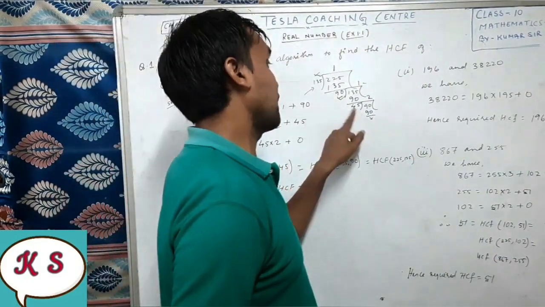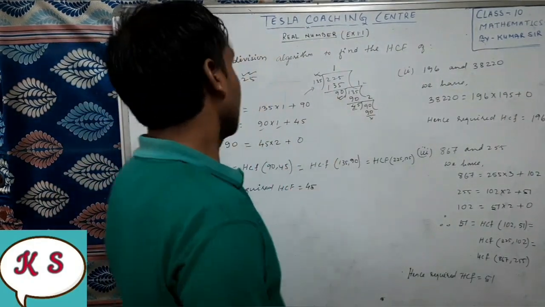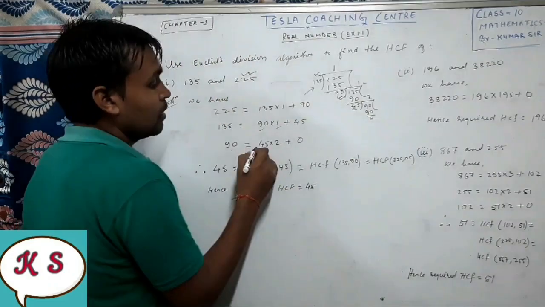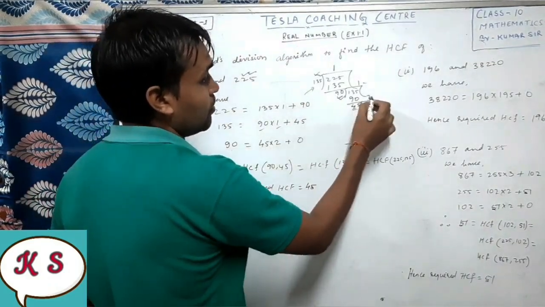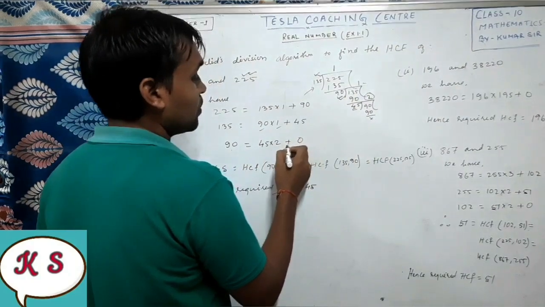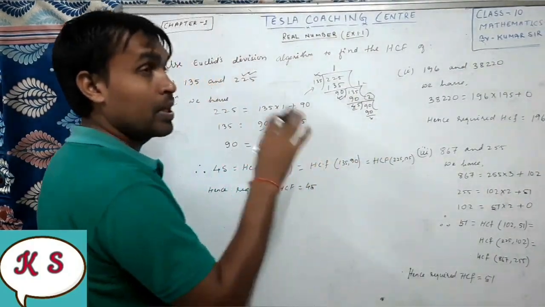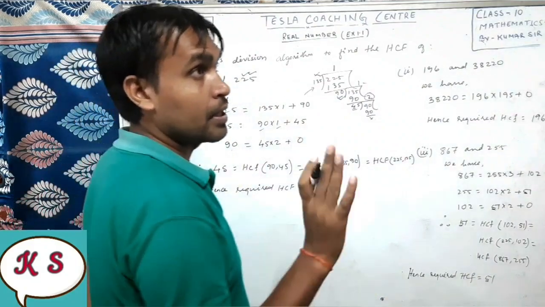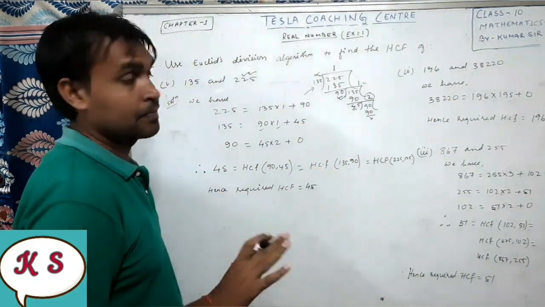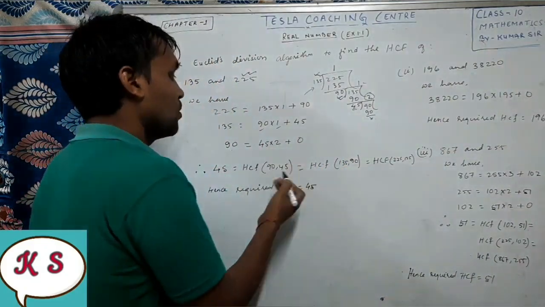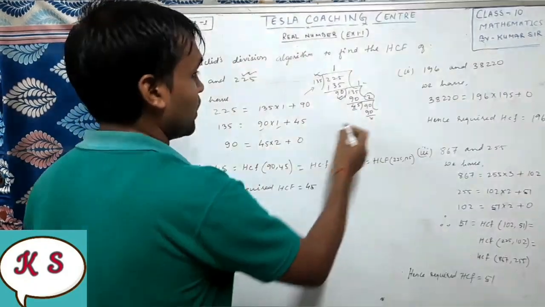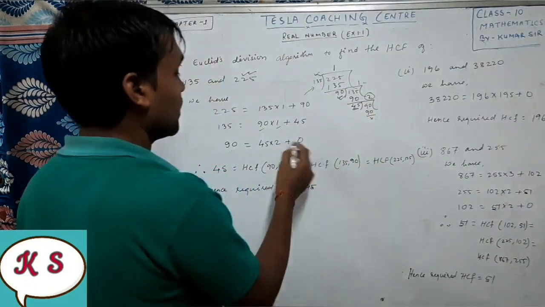Now with this 45 we will divide this 90. So we have written 90, 45, and how many times did it go? 2. So into 2, and what is the remainder we got? 0. When the remainder comes 0, we will stop there. By dividing with 45 we got the remainder 0.